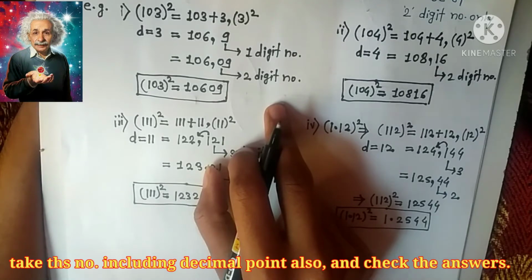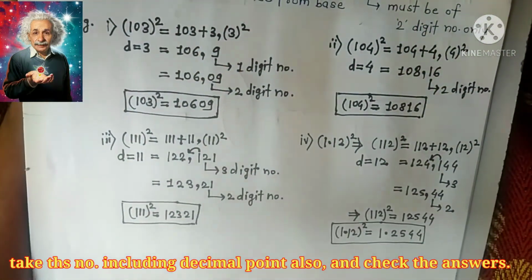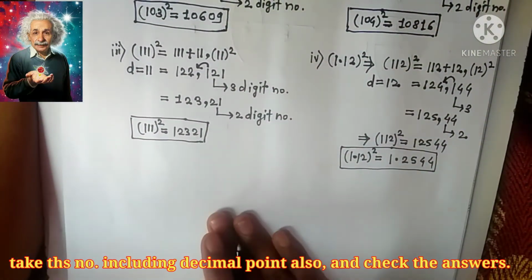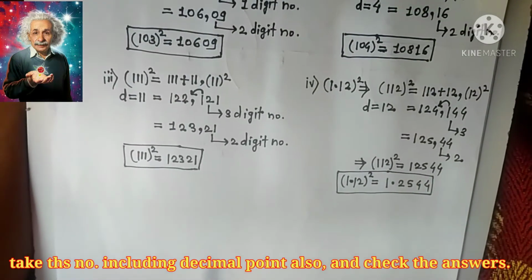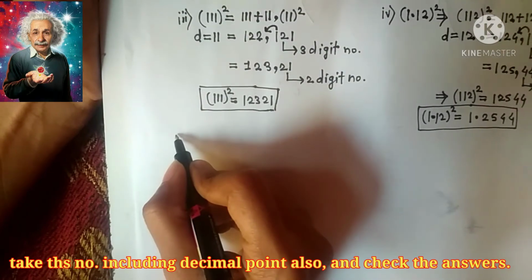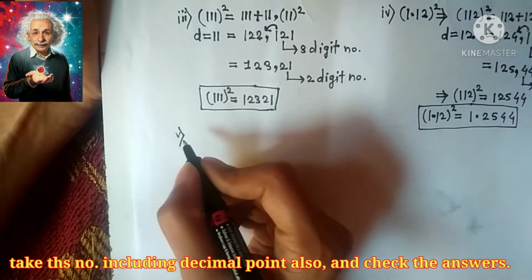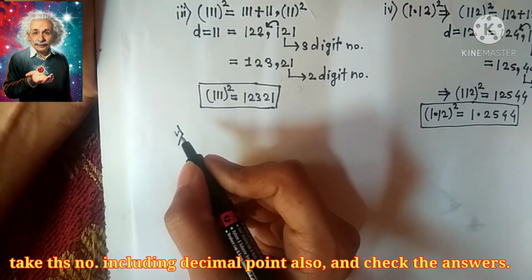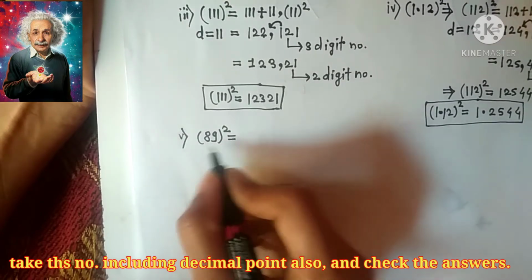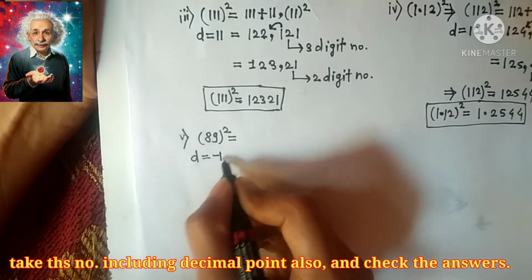Now we take the examples below base 100. So first we take the example. Now we find the square of 89. 89 square is equal to, for this number the distance d from 100 is minus 11.